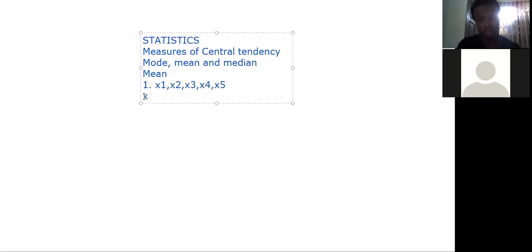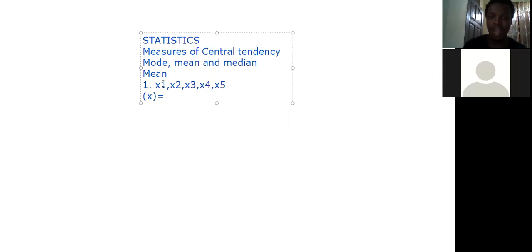So this will be my mean. Finding the mean is more or less like calculating the average. The first thing is to count the number of variables you have here. This is 1, 2, 3, 4, 5. So I have 5 variables.